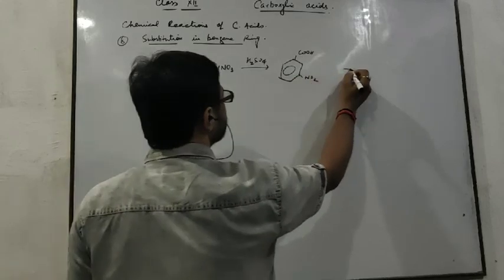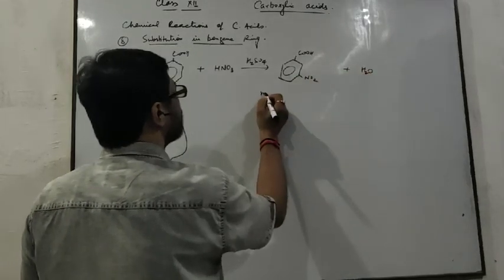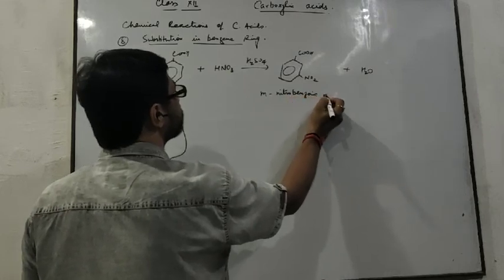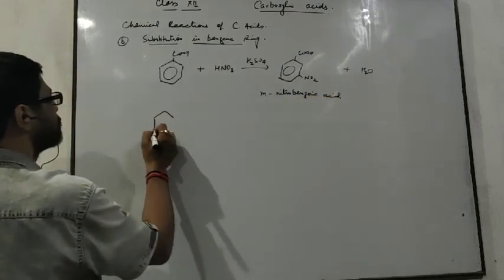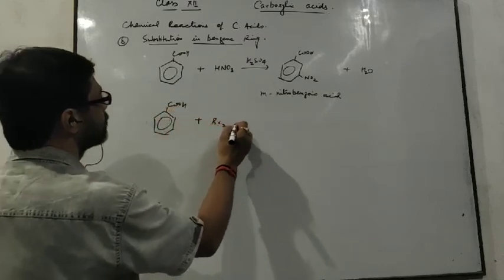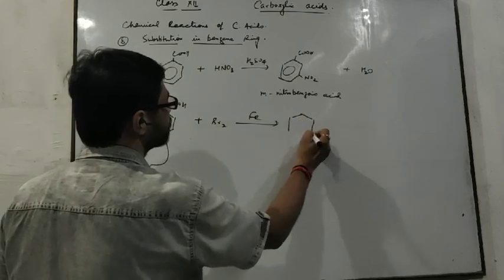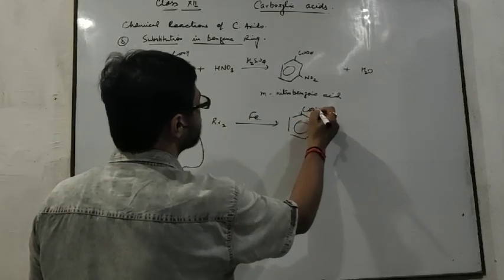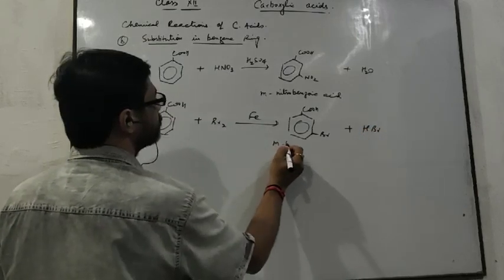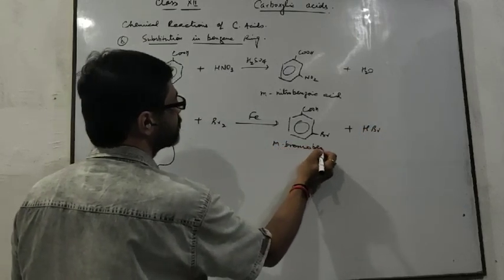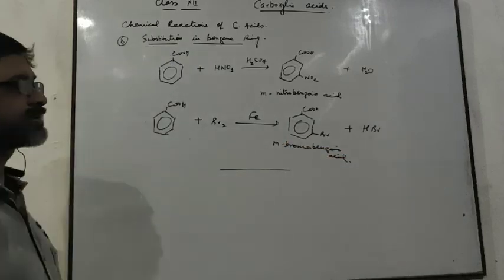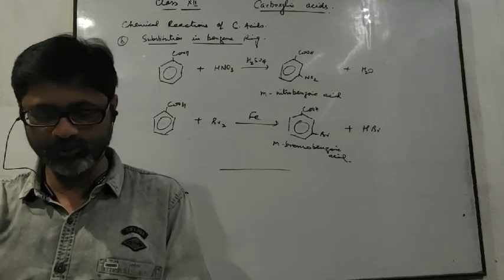Meta hydrogen is replaced by nitro group, and this one is meta-nitrobenzoic acid. And this benzoic acid on reaction with Br2 in presence of iron catalyst forms meta-bromobenzoic acid. These are all about the carboxylic acid. Okay, thank you.